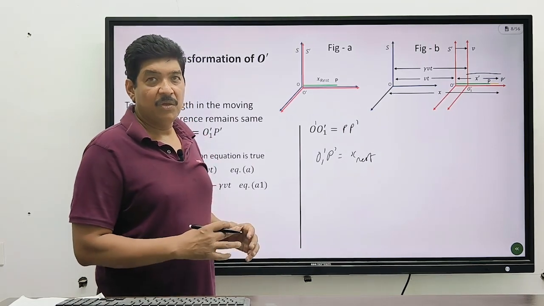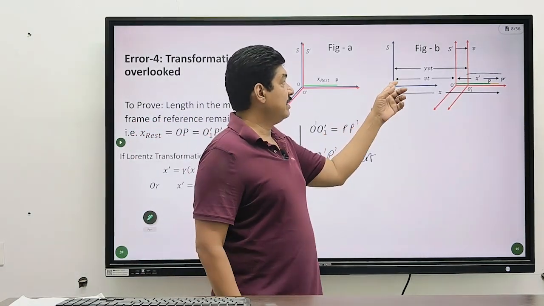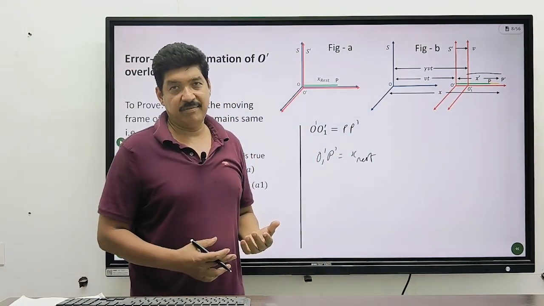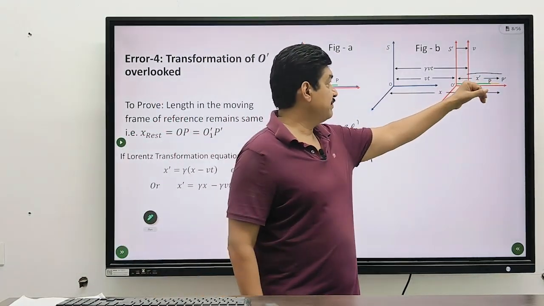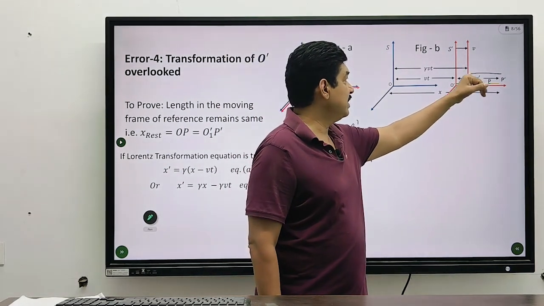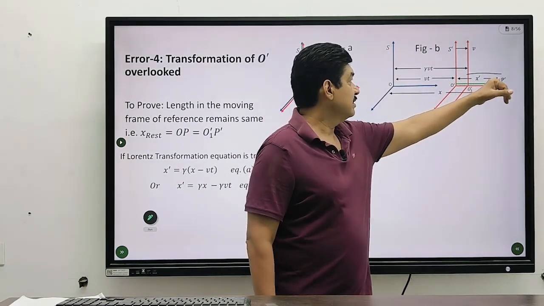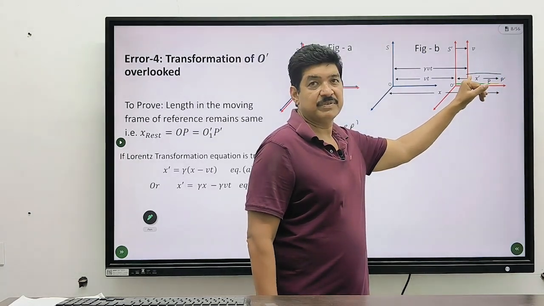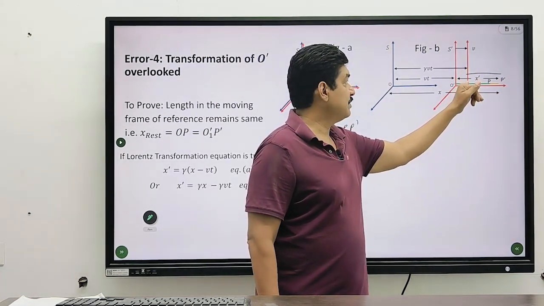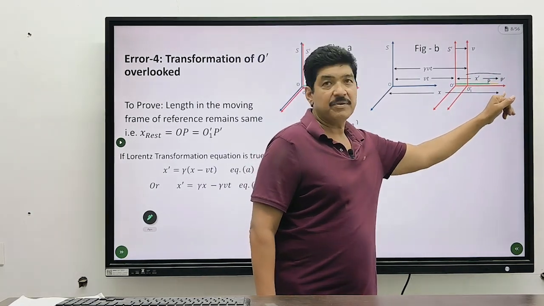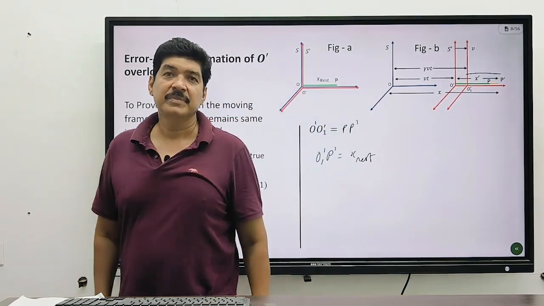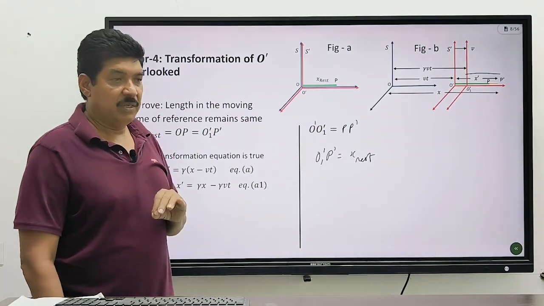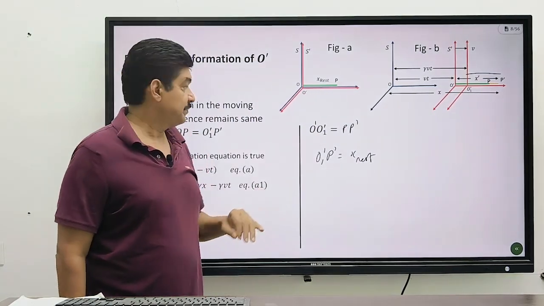There is some shifting. What theoretically they think and what practically they find, there is shift, but there is no change in length for this frame of reference, because anyone who is sitting here will calculate the length of P prime from this frame of reference. There will be no change in length. So length contraction is wrong.